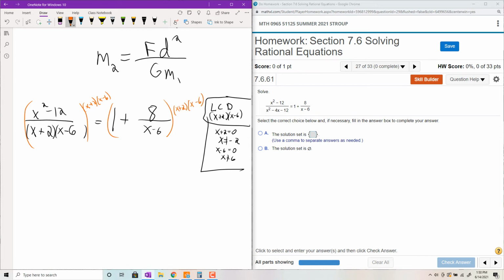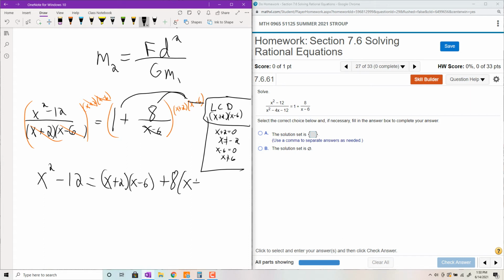Write it all out, but okay, on the left the x plus 2's will cancel and the x minus 6 will cancel, just leaving the numerator x squared minus 12. On the right, if I distribute, the first distribution, nothing happens. I just get x plus 2, x plus 6, x minus 6. In the second distribution, the x minus 6 will divide out. So you'll have 8 times the x plus 2.